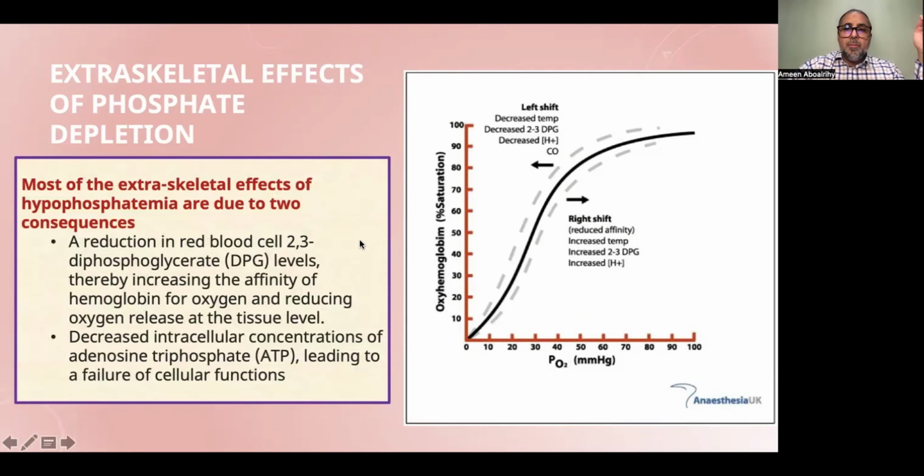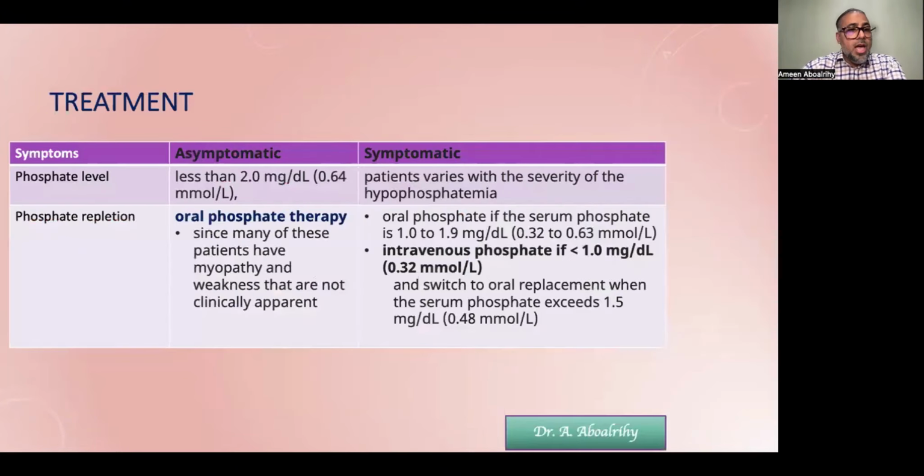Whenever it is low, this will drive the curve to the left, so it will make hemoglobin very avid to oxygen. It wouldn't give oxygen easily, and this is a problem. And low phosphate does this. The second thing, of course, is if the ATP inside the cell is low, the cellular function will be paralyzed.